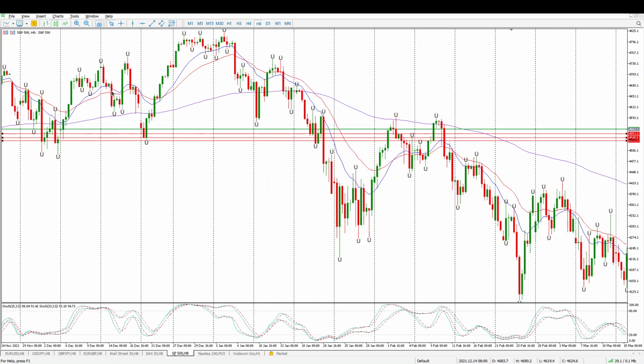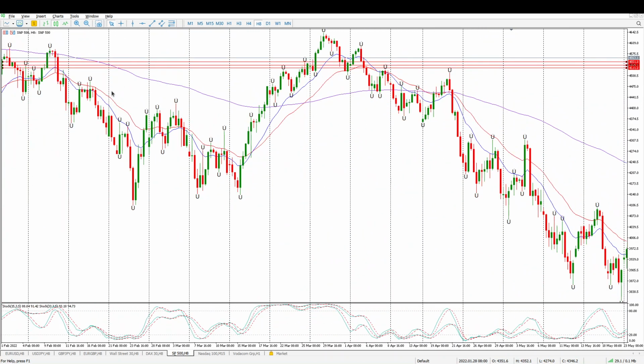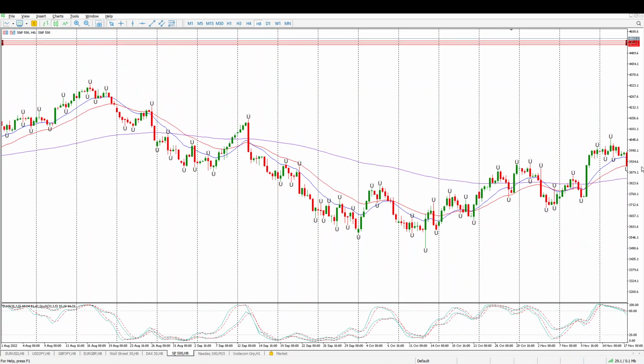I can scroll back further and you'll see that there's quite a bit of support and resistance at that level. The other thing, that's quite far, but this is the previous swing high. That's the previous swing high up there.